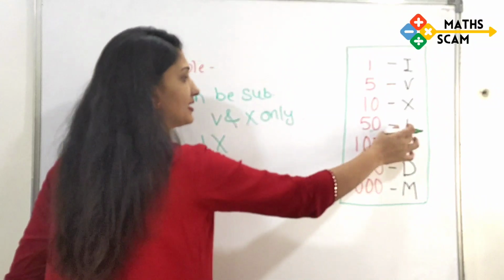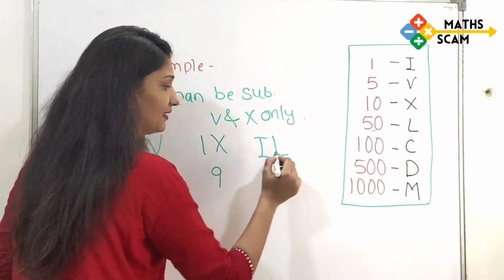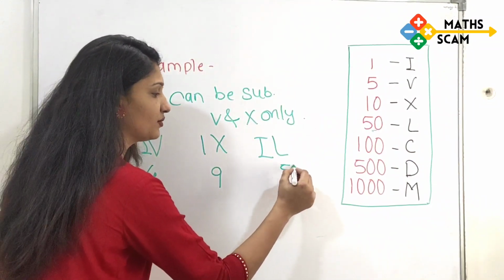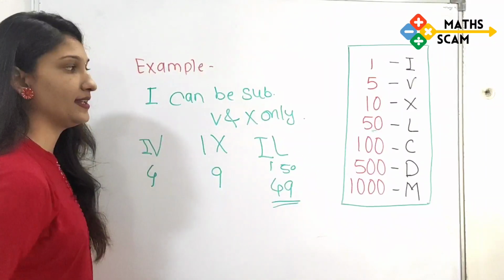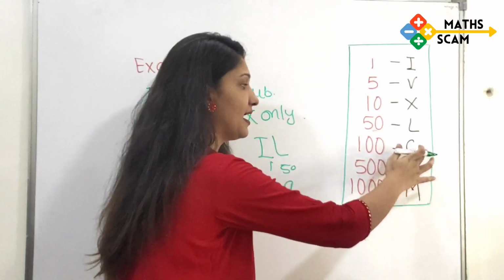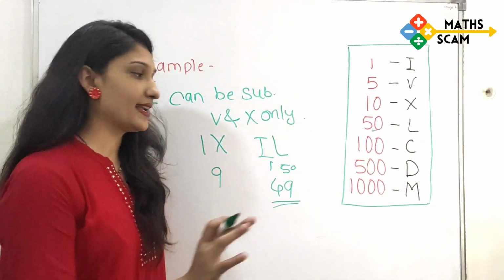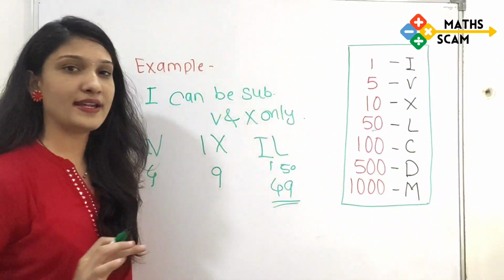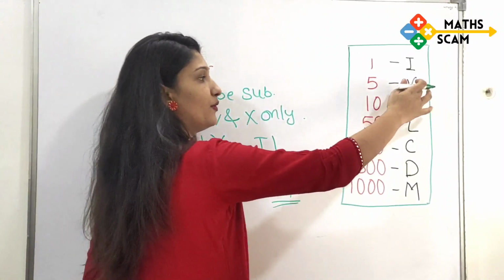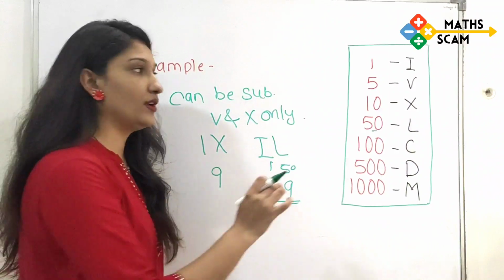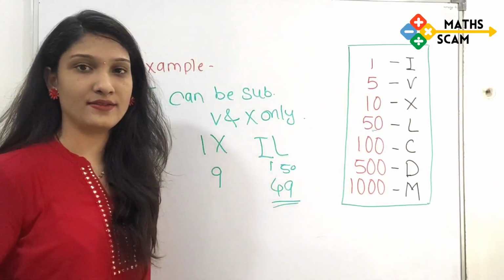But I cannot subtract from L, so 50 minus 1, I cannot subtract. Likewise, I cannot subtract 100 minus 1, or 500 minus 1. I can only subtract I from V and X, meaning only from 10 and 5.